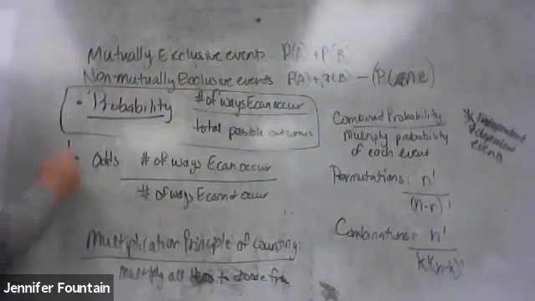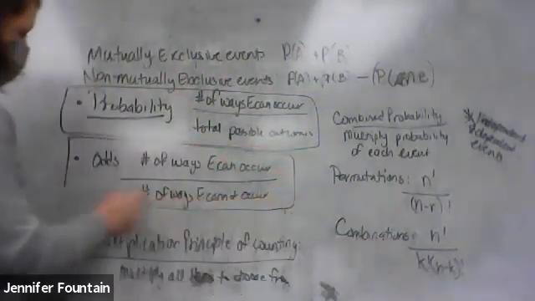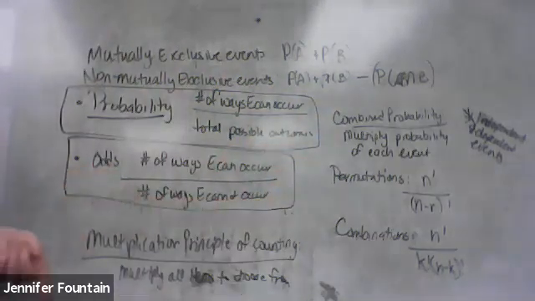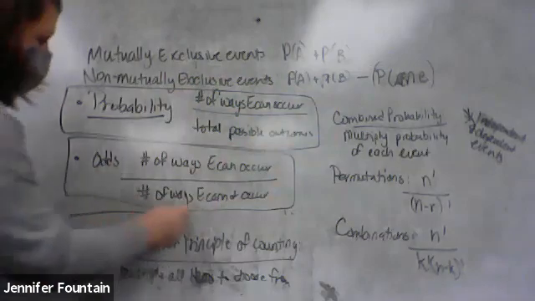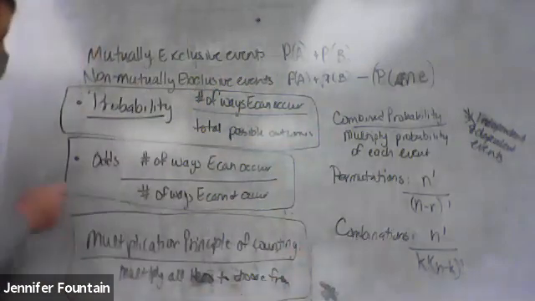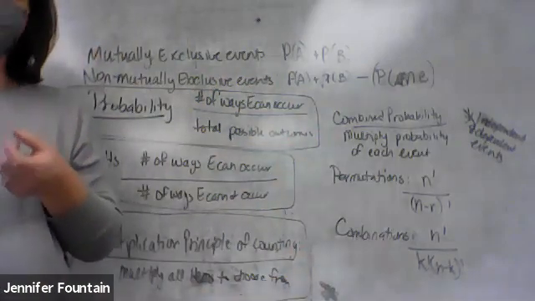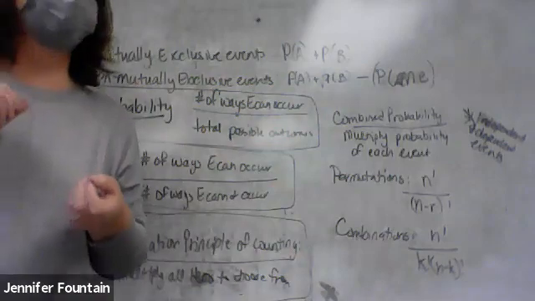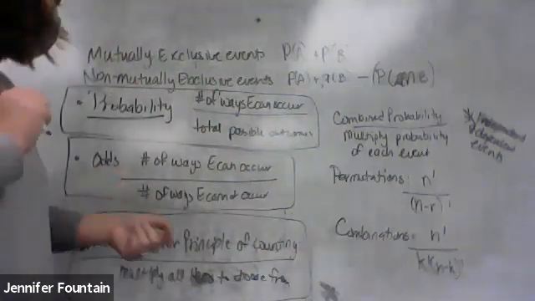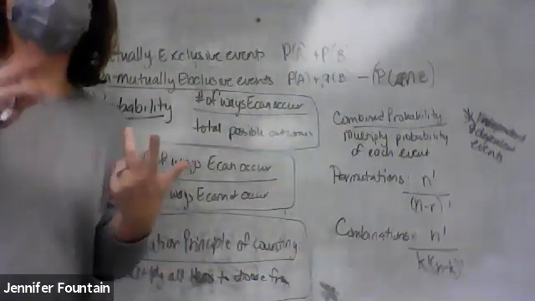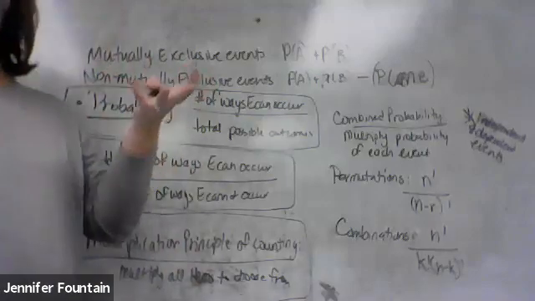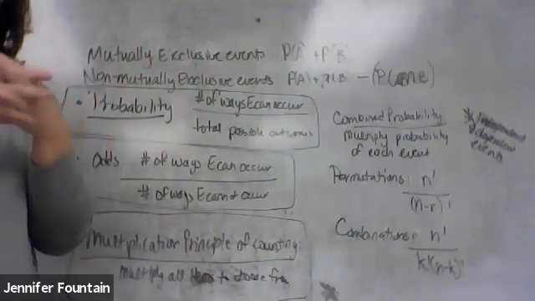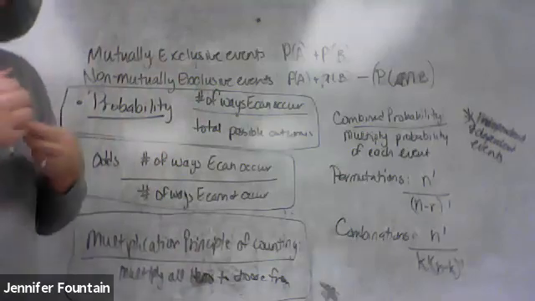Then our odds were the total of ways that E can occur out of the total of ways that E cannot occur. Multiplication principle of counting: this is where we multiply all the items we had to choose from, whether it's choosing a bunch of colored wires out of a van, or it's meals and parts of a Happy Meal, whatever it is, we multiply all of our possible things together.